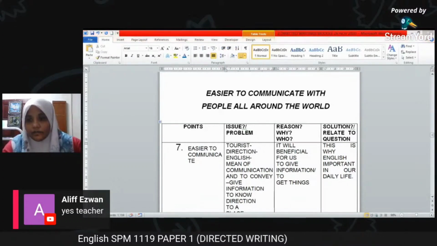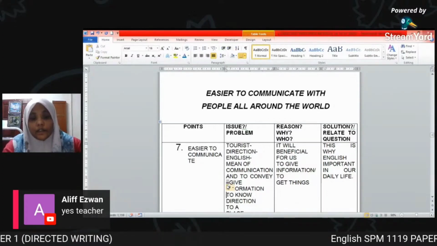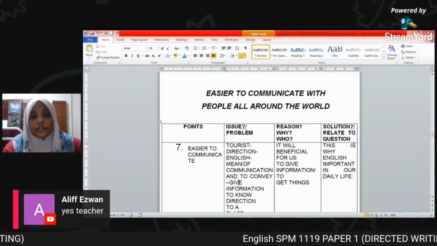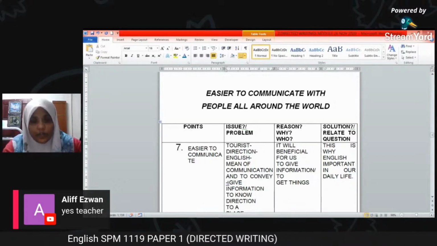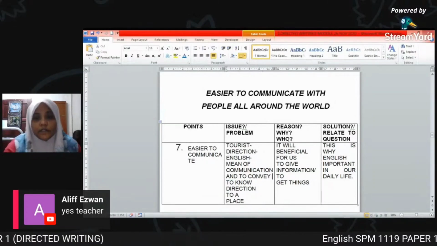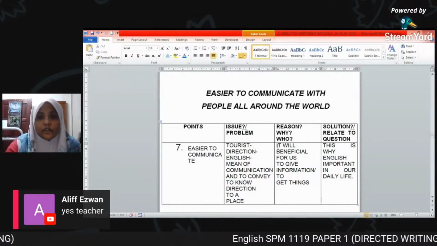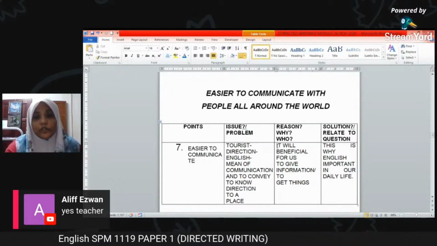Correct. To give information. But the issue is tourists asking for direction. Now, giving information comes under reason. Why do you have to use English?